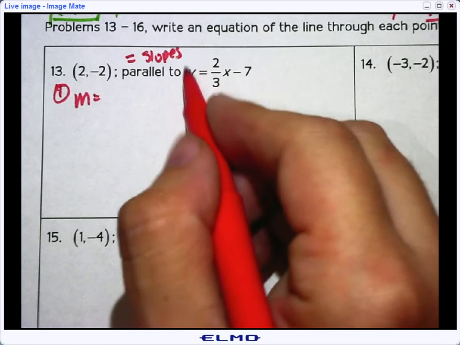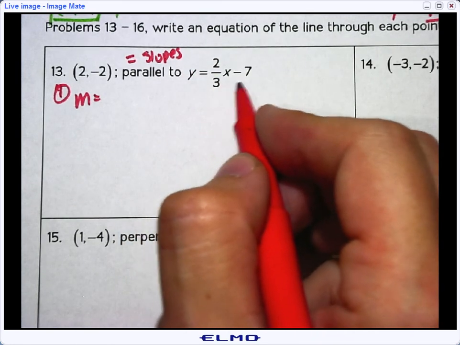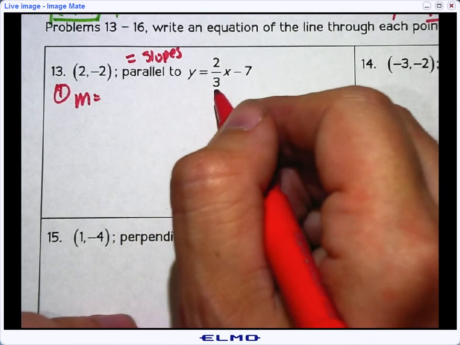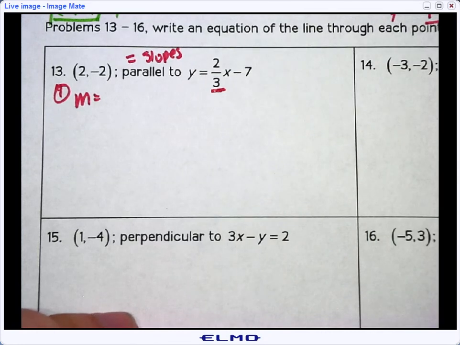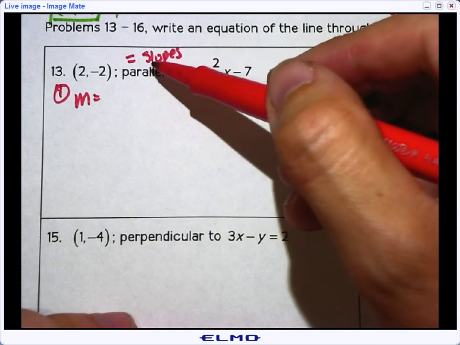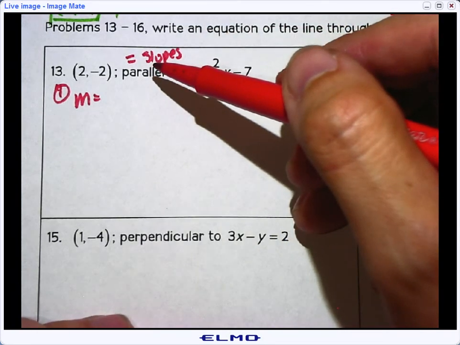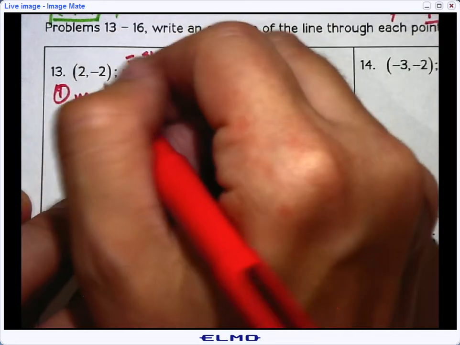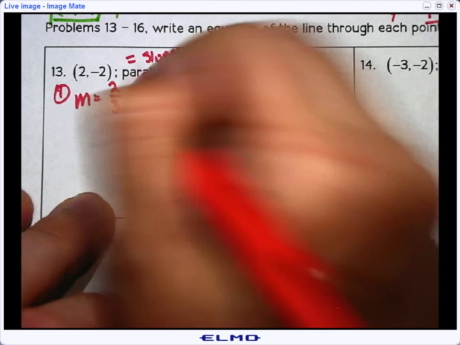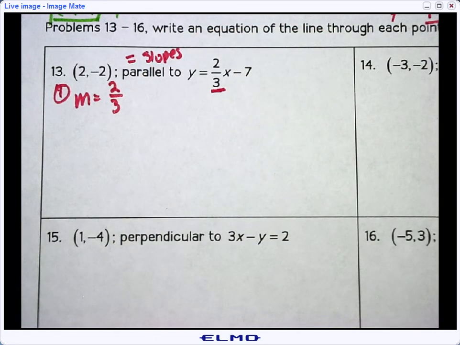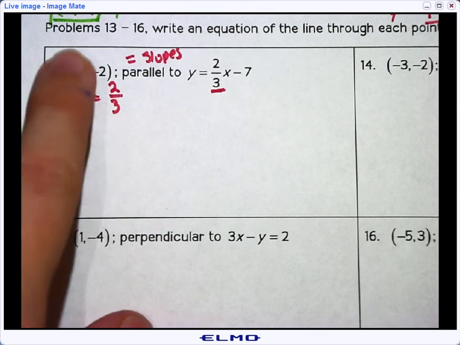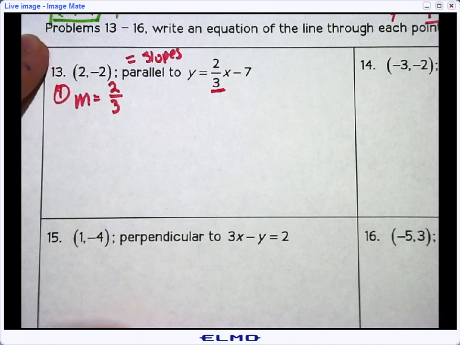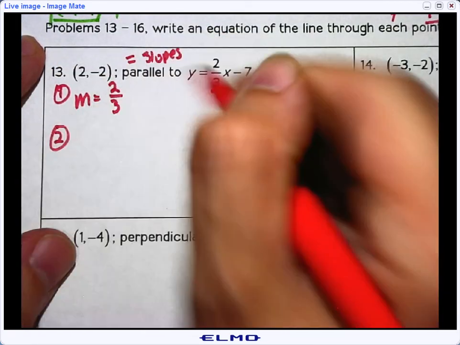So I look at the line they gave me, y equals 2/3 x minus 7, and I recognize, okay, this is the slope of the line they gave me. Well, my lines are parallel, so that means my other slope, the one I'm going to use, has to be the same. So I will also be using a slope of 2/3. Now that I have the slope, I use the point they gave me, and we go into point slope form.